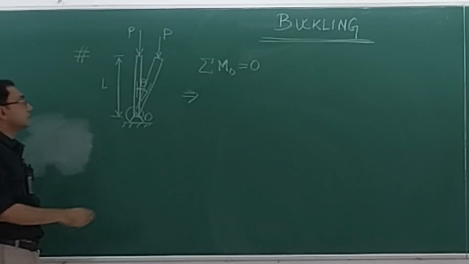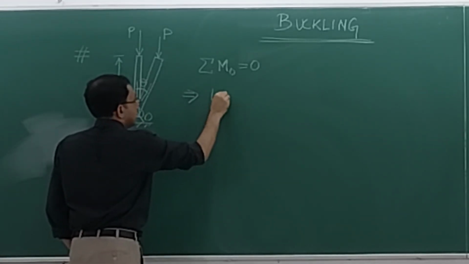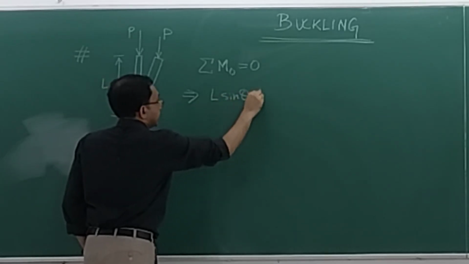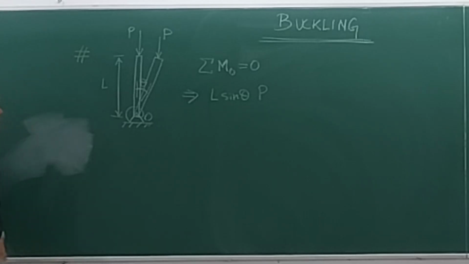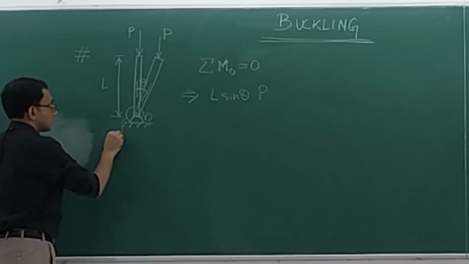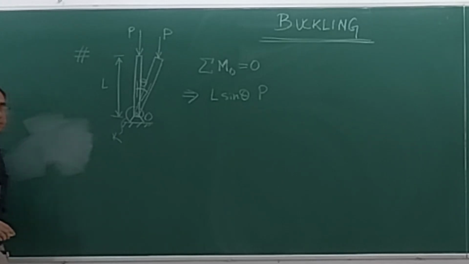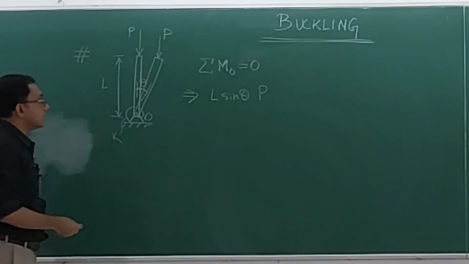L sine theta. So this is L sine theta into P. Let's say that the spring constant for this torsional spring is K. Then what will be the minus K theta?